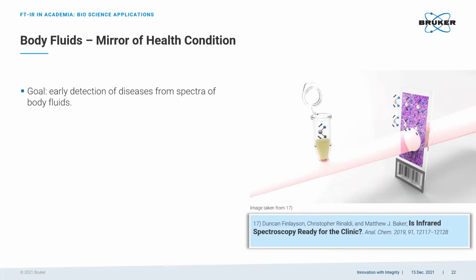There also have been many studies where body fluids were measured by IR spectroscopy with the goal to detect diseases at a very early stage.